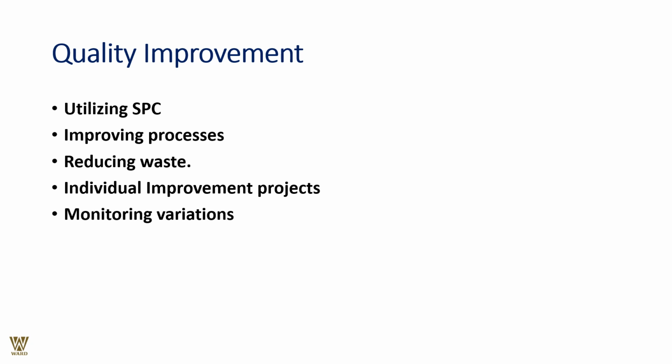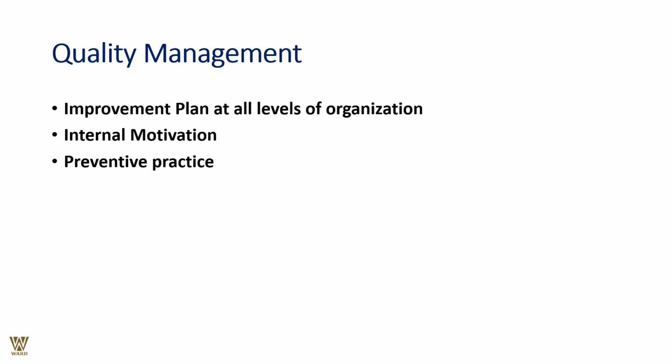So yes, utilization of statistical process control, improving processes every possible time, every month, every week, every quarter. And I'm not talking about rampant changes, rampant improvement, but incremental improvement, a marginal improvement, probably in terms of quality or probably in terms of reducing waste. So that is what we are looking into as an individual improvement program, and the variations to be monitored thereof.